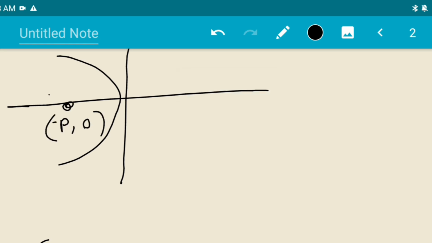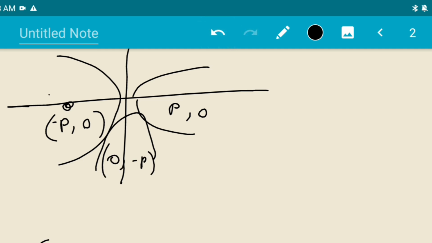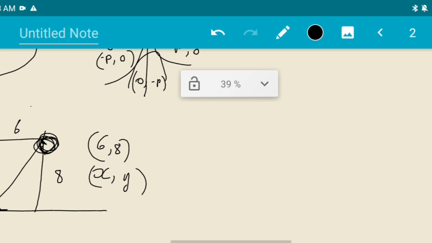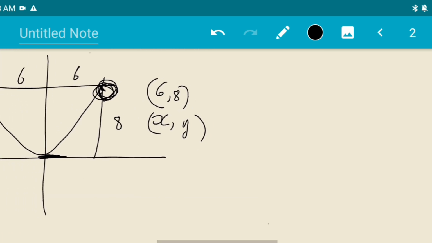Here it would be p, comma 0. Here this would be 0, comma, negative p, and the same thing goes for the one at the top. So that is what we have. So this x will be the 6 and then the y will be the 8.